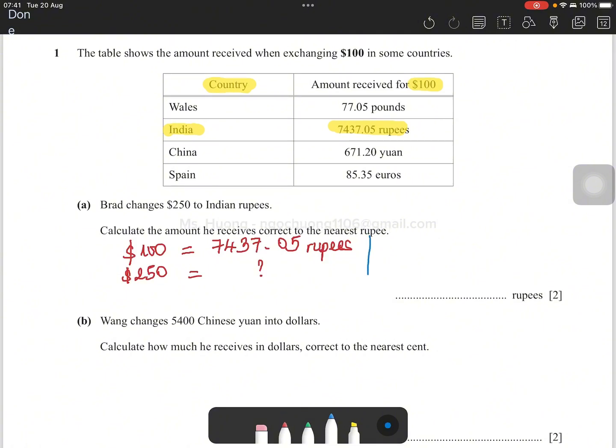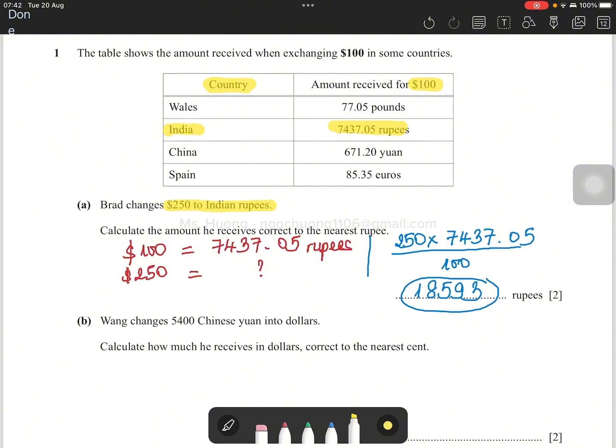In this case, we need to multiply 250 by 7,437.05, and then we divide it by $100. So the answer is equal to 18,593 rupees.